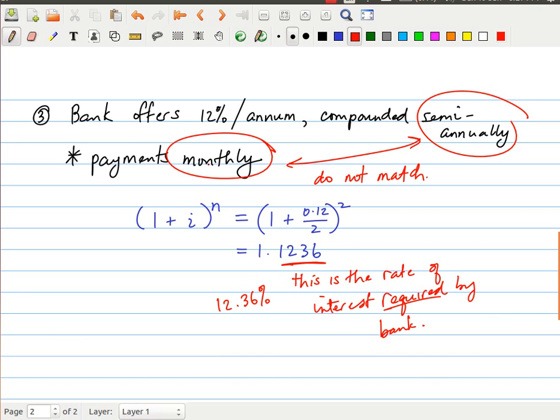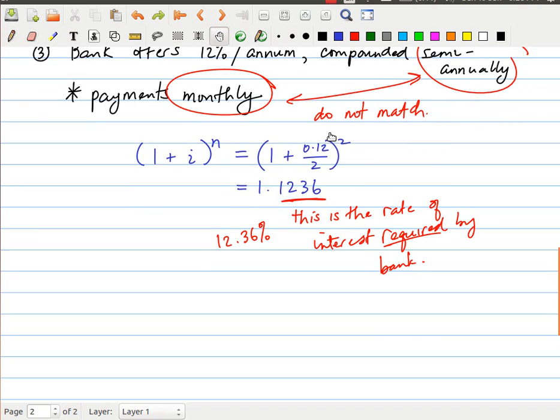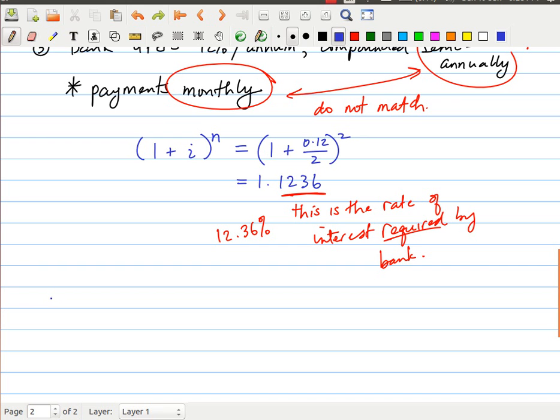But because we're talking about things monthly as opposed to maybe semi-annually, we have to somehow come up with another equivalent interest. Now, the obvious thing to do here would be to say, well, isn't it reasonable? So let's propose one option, which is going to be incorrect, but I'm going to put it down here anyway so we can see it. So let's consider 0.1236 divided by 12.